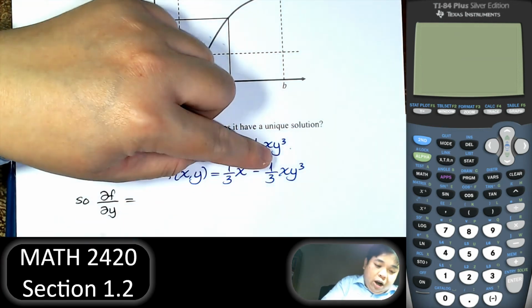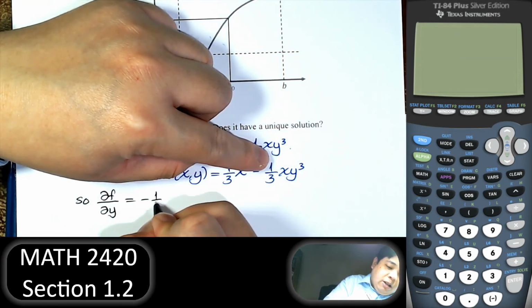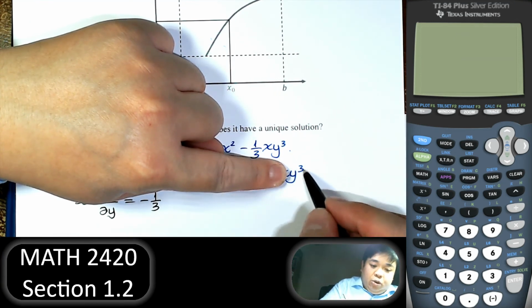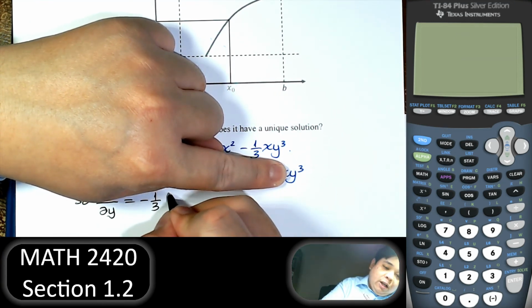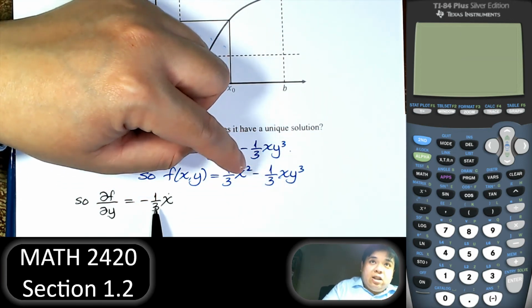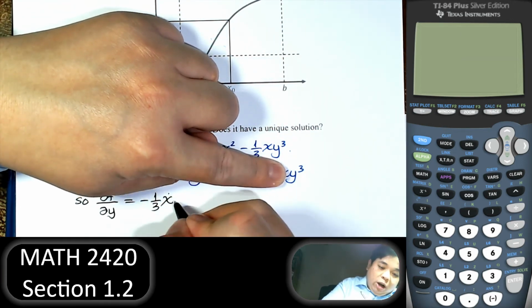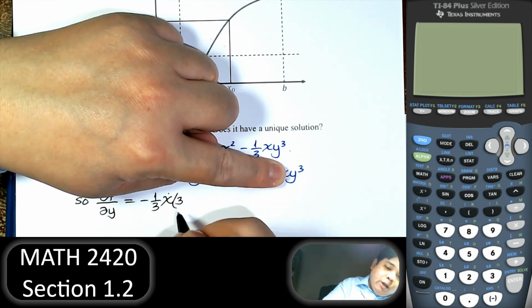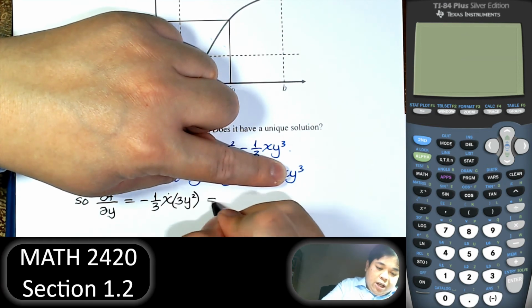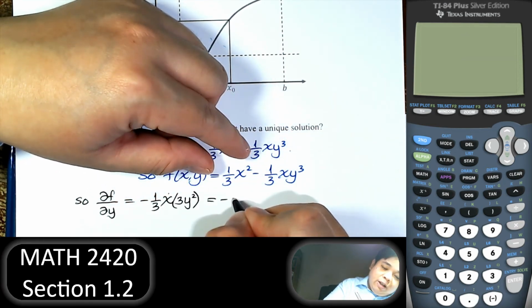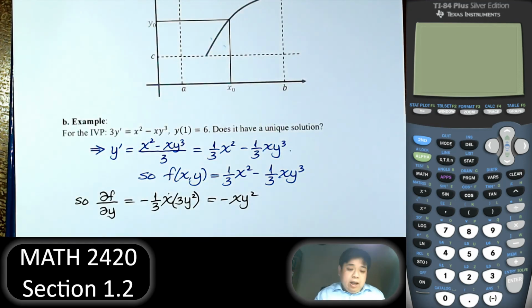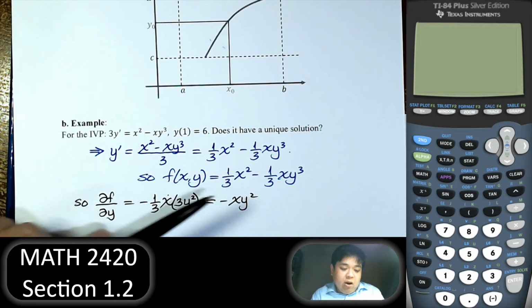Now with respect to y, negative 1/3 x is a constant, and then the derivative of y cubed is 3y squared. So cancel 3 and 3, and we have negative x y squared. So we have two things, negative x y squared and the function.